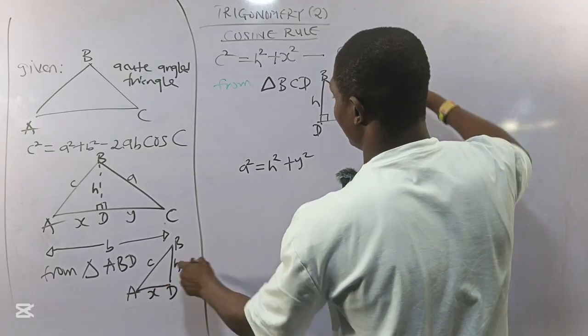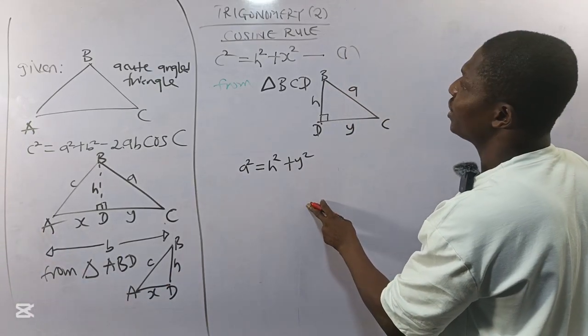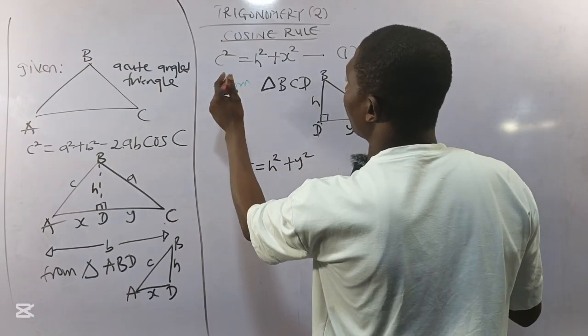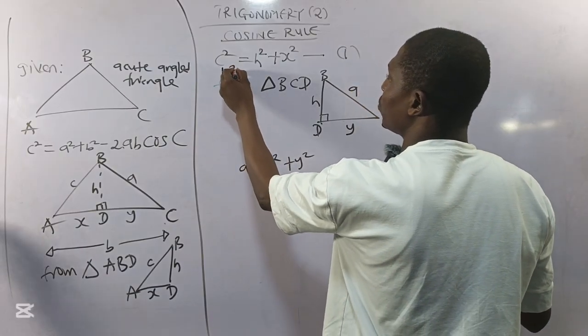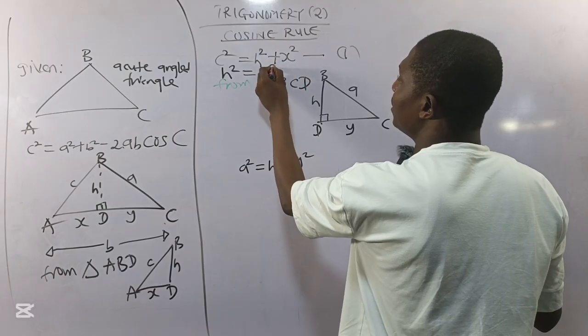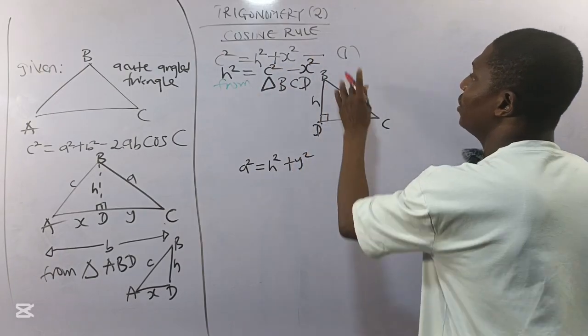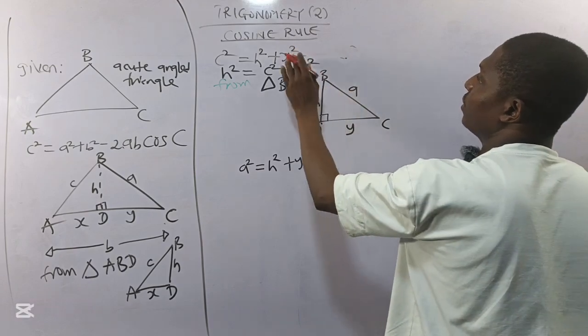Here C was the hypotenuse. So we have this, and we can make H squared the subject: H squared is equal to C squared minus X squared.